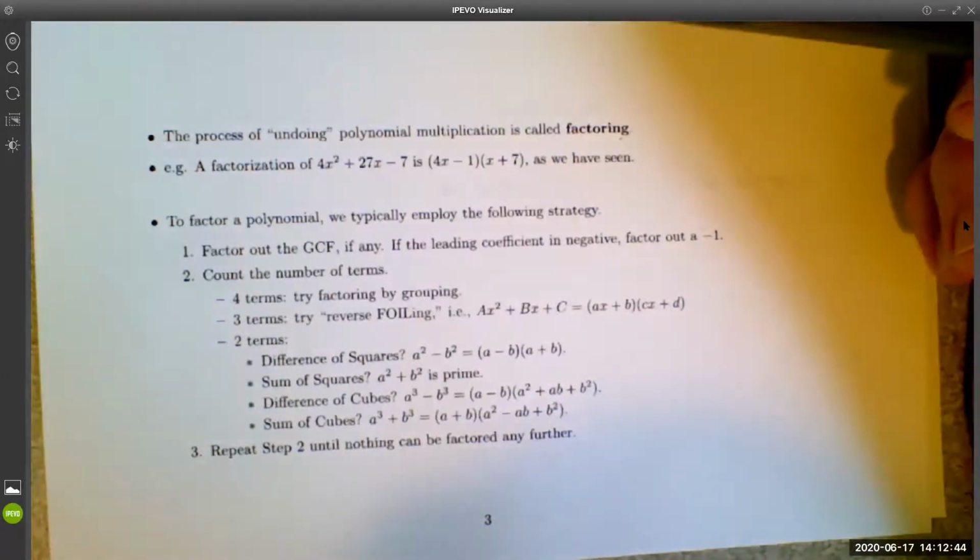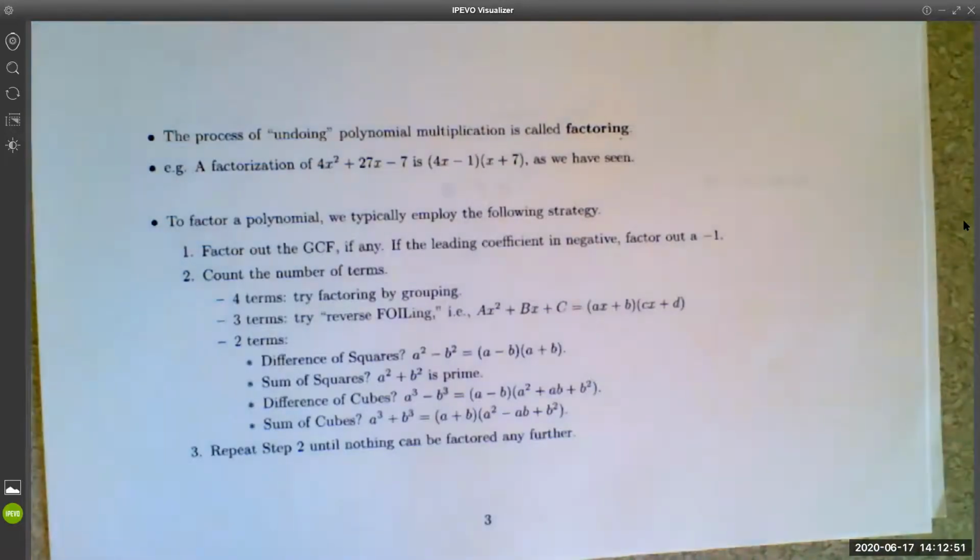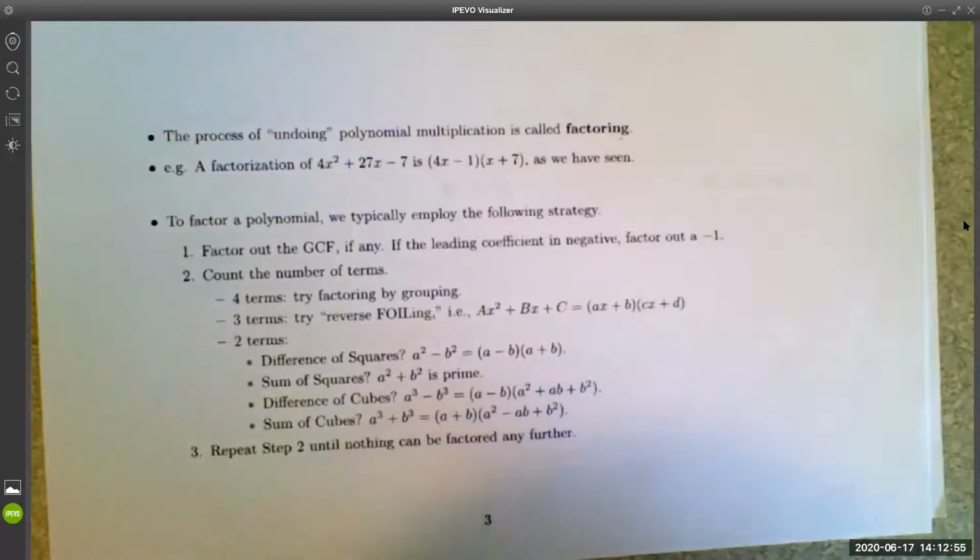We're going to talk about factoring a lot in this course. We're going to introduce a few new factoring techniques that you may not know yet. But for now, you should remember at least these factoring techniques that I'm going to lay out here. So here's how I think about factoring a polynomial.